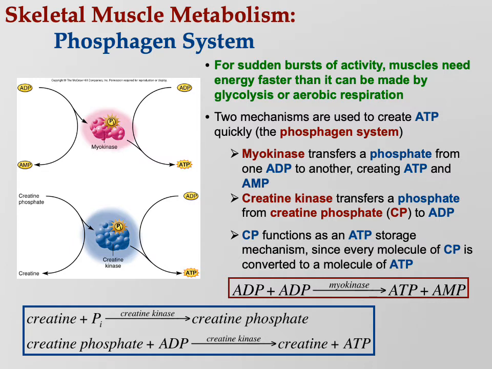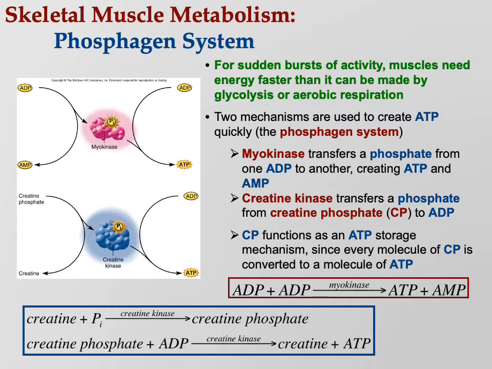Creatine kinase can do that, making creatine phosphate. And then later, when you need sudden energy, creatine kinase can grab the phosphate off of a creatine phosphate, stick it onto an ADP, then you make an ATP, and you reduce creatine phosphate back to the original creatine.